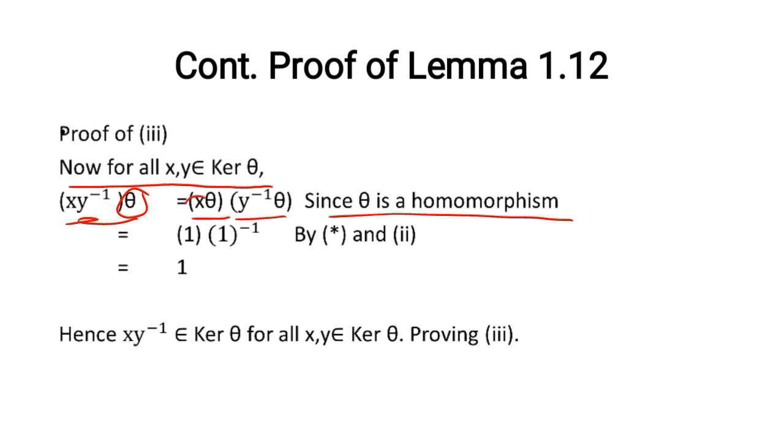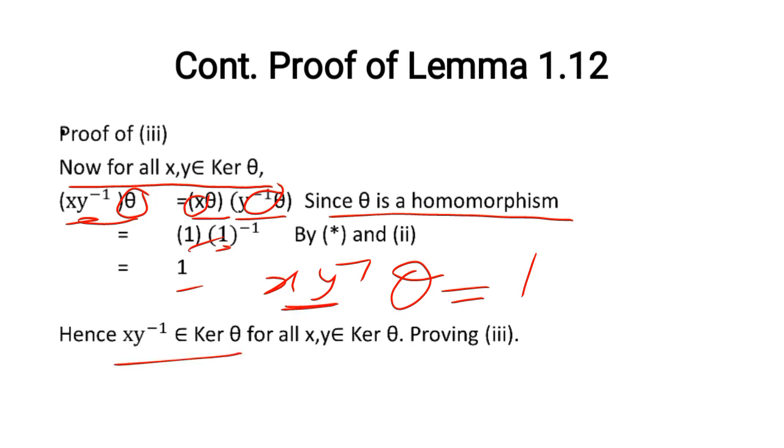Okay, but we know x theta, and you also know y inverse theta. You just proved y inverse theta lies in the kernel. So they're both 1, right? And since they're both 1, 1 times 1 is just 1. Wow. It means that x y inverse theta is equal to 1. What does that mean? It means this element lies in the kernel of theta for all x and y. And so we've proved the third identity.